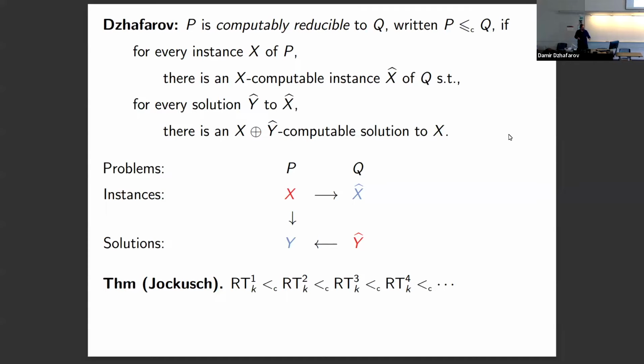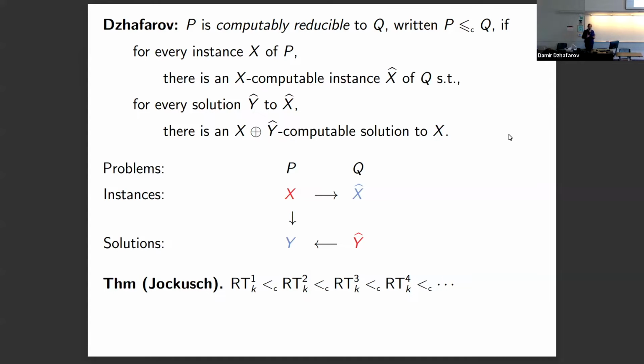The fact that RT^k_1 properly reduces to RT^k_2, properly reduces, et cetera, follows from Carl's results, because you go up one level of the arithmetical hierarchy every time. But I will admit that if you state it this way, you're just restating Carl's result in a less useful way. His result gives us more data than this. It looks neat, but that's a better statement.